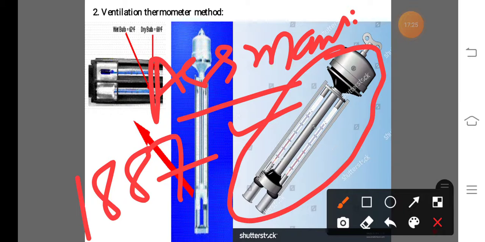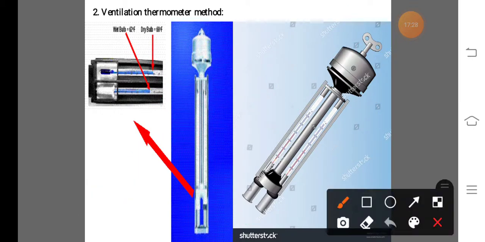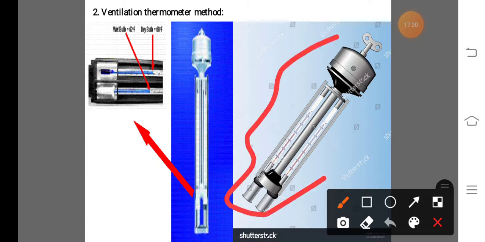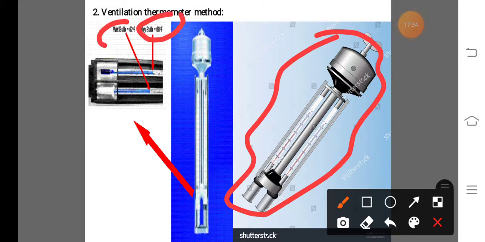This instrument consists of two thermometers. One is the dry bulb thermometer, the second one is the wet bulb thermometer, like the sling thermometer. And this wet bulb thermometer is wrapped with muslin cloth.